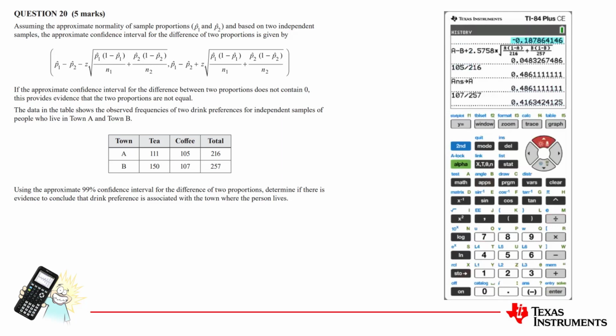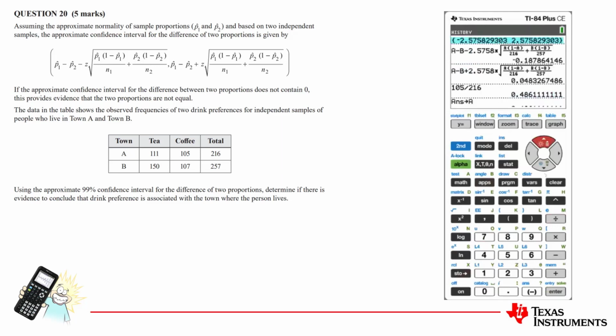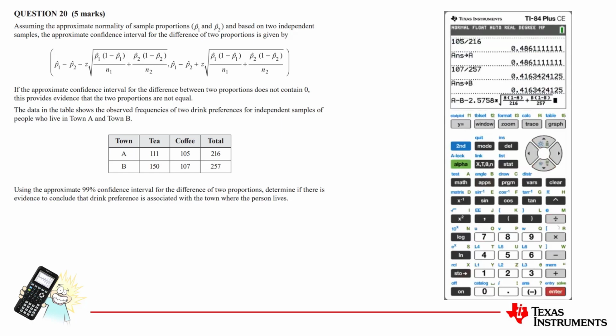So if I go all the way up to where I had that first 99% confidence interval equation, I'm going to copy that down, and that's just going to recalculate using my new values of A and B.